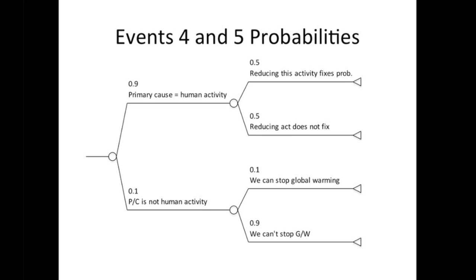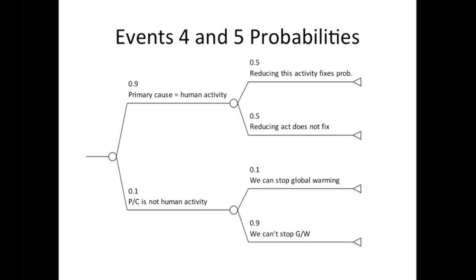So here we have events 1 to 3 probabilities. We've actually also worst cased event number 3 and said the primary cause would be human activity. The last 2 questions, events 4 and 5, are where we are reflecting a certain degree of indifference or uncertainty in our model. And that is by saying that if the primary cause is human activity, we're 50% certain that reducing this activity fixes the problem.